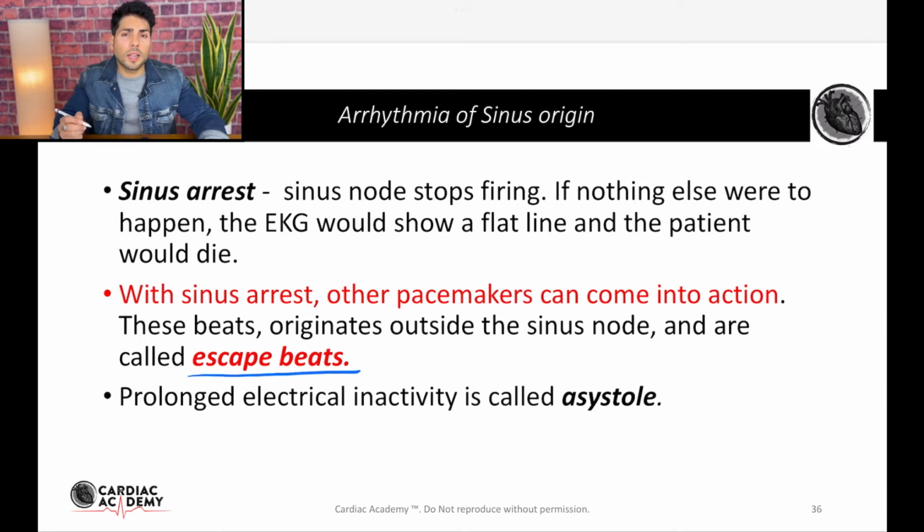And these are kind of saving the day, because if there were no escape beats, then the heart would just stop beating, and the patient would die. So these escape beats can originate either from the atria, at the AV node, or at the level of the ventricles. And we're going to be discussing those, okay? Finally, prolonged electrical inactivity is called asystole.